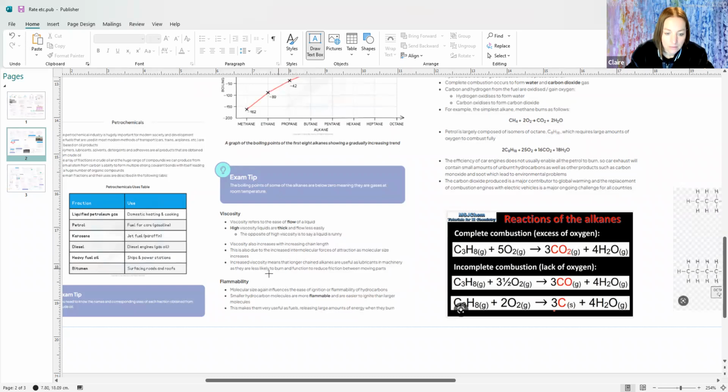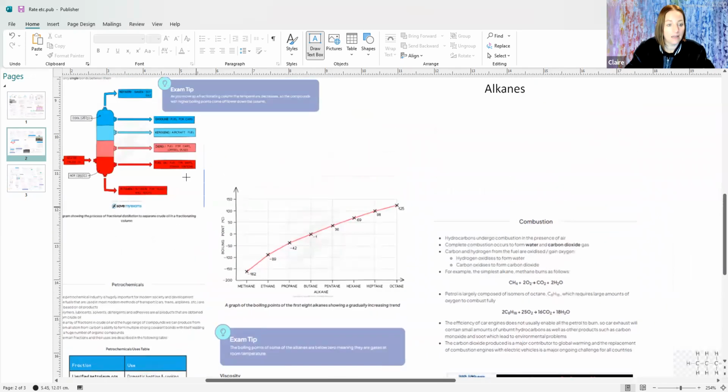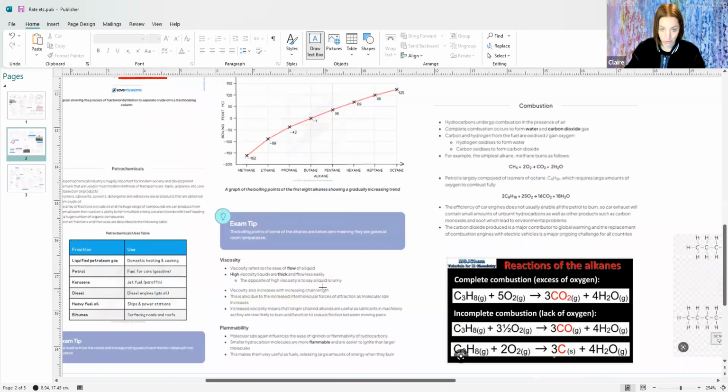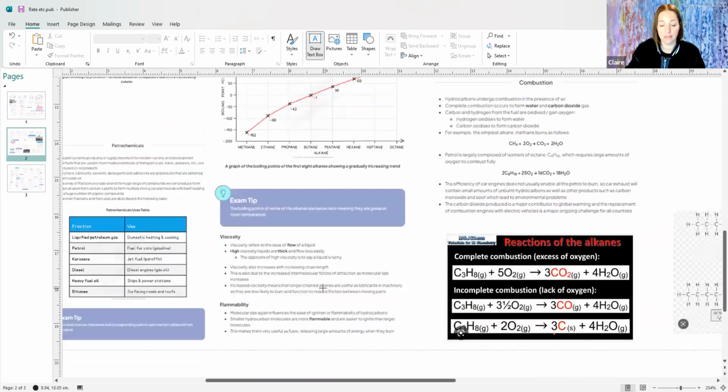And then flammability. So smaller hydrocarbons are more flammable. Again, link it. Your gas that you get from your oven, that's methane gas, also from cows' bottoms. They're the reasons why we've got global warming, but anyway, highly flammable.